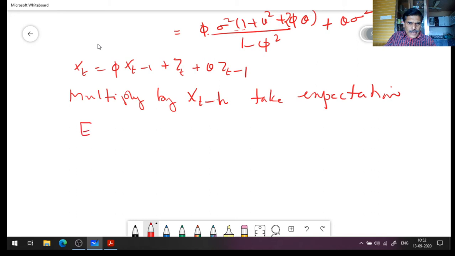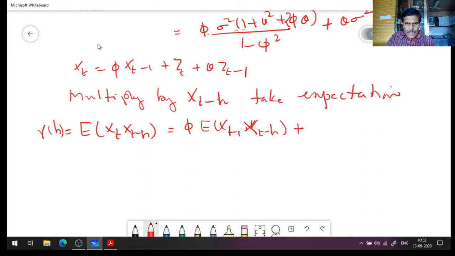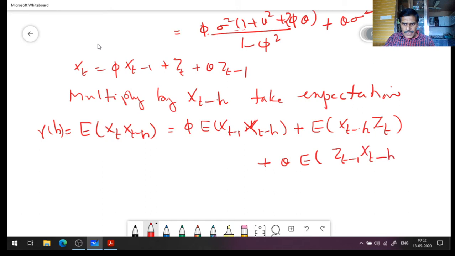So what you get is gamma h equal to phi times expected value of xt minus 1 into xt minus h, plus expected value of xt minus h and zt, plus theta times expected value of zt minus 1 into xt minus h.